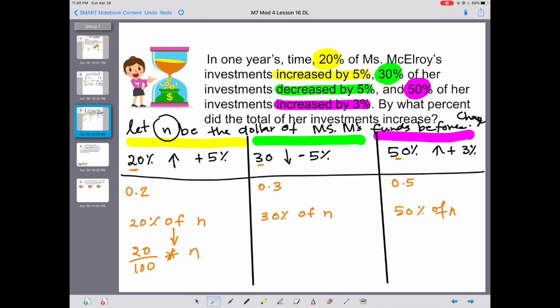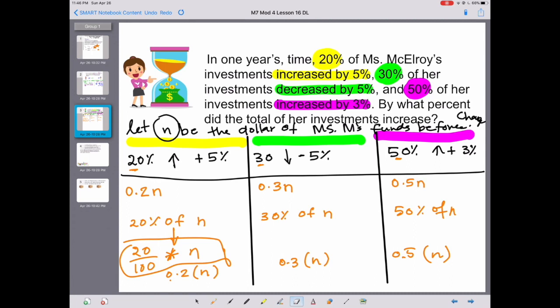If I multiply this, I'm going to get 2 tenths times n, 3 tenths times n, 5 tenths times n. Because if you simplify this fraction and multiplication here, you get 2 tenths times n. I'm going to put my n over here.